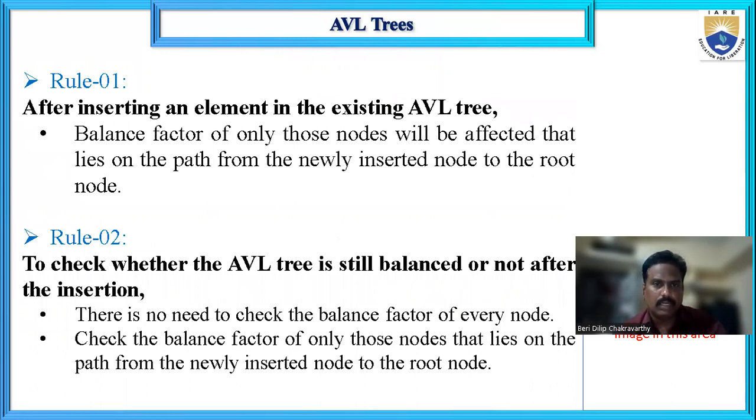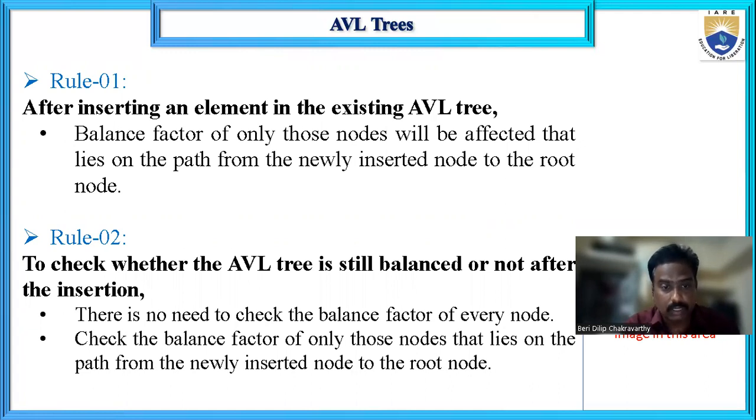After inserting an element in existing AVL tree, balance factor of only those nodes will be affected that lie on the path from the newly inserted node. Wherever you have inserted, in that path only you will be finding the balance factor which may be affected.